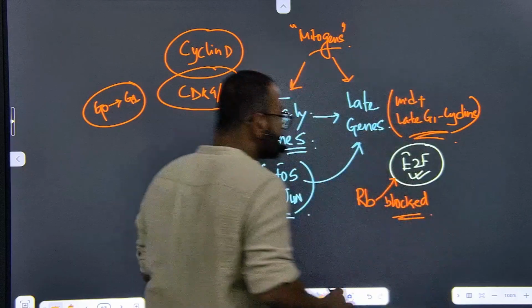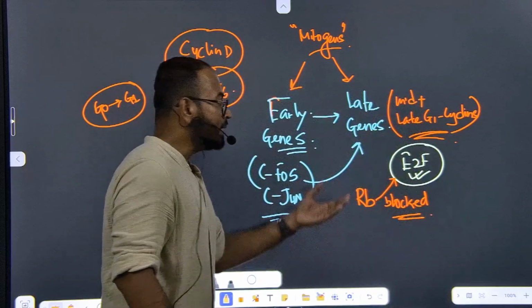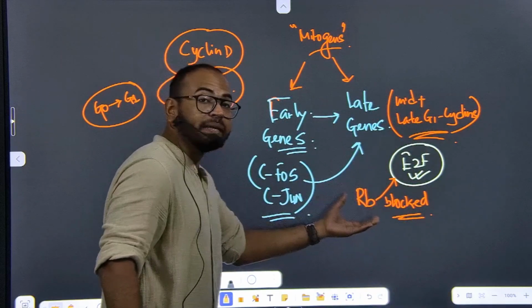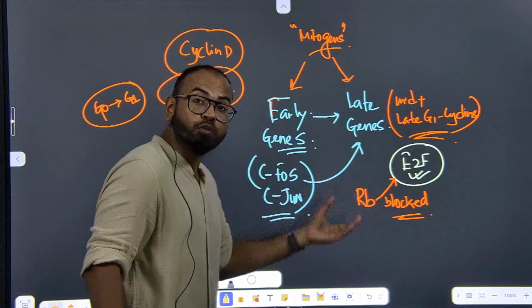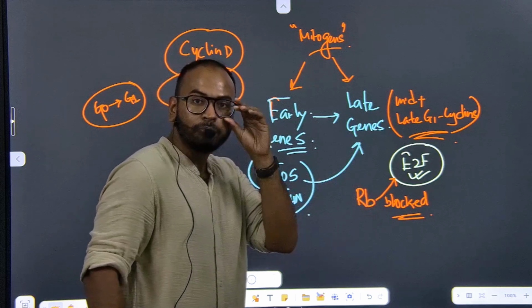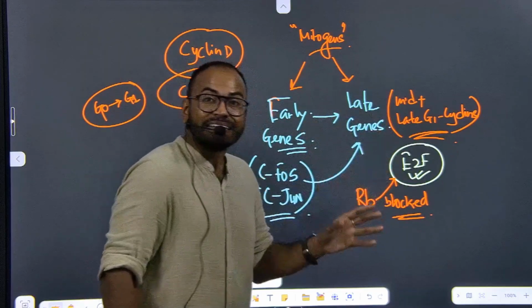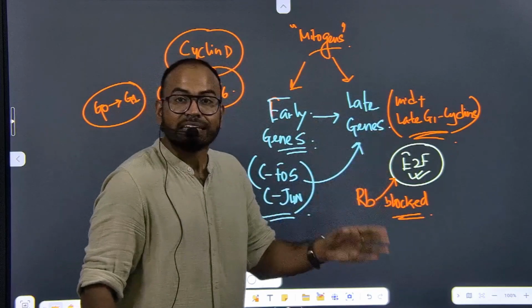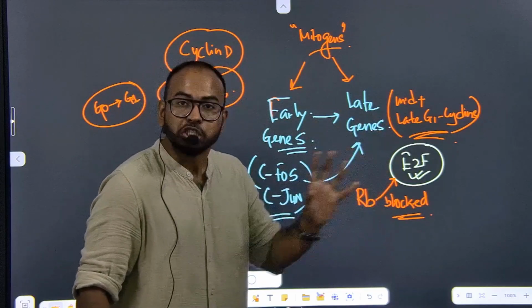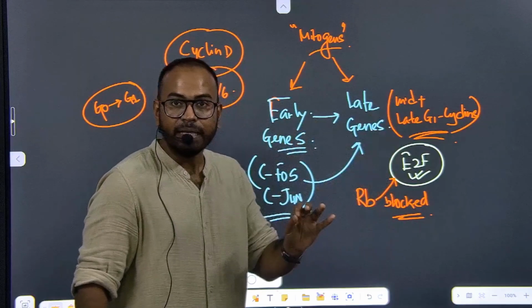So this blockage by RB needs to be removed first, for E2F to be freed and for mid and late G1 cyclins to be functional.